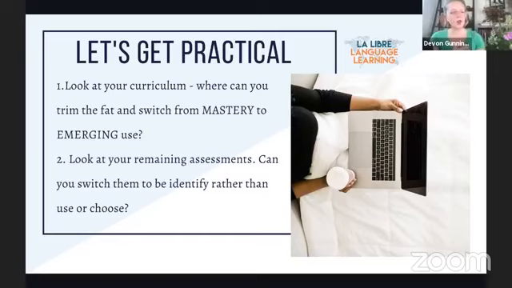Very often when we're trying to see if our students are on the level of mastery of a certain concept, we're trying to get them to use that thing correctly in speech, or choose between 2 correct forms, or even sometimes incorrect forms. Don't do that. Incorrect forms, oof. No. We can talk later about that research. That's not a good thing. But instead of use or choose, go to maybe identify.